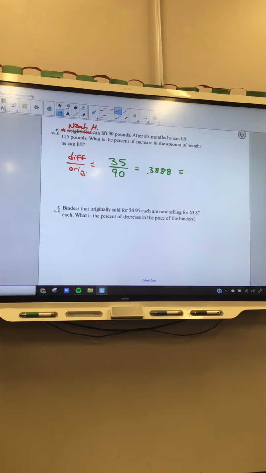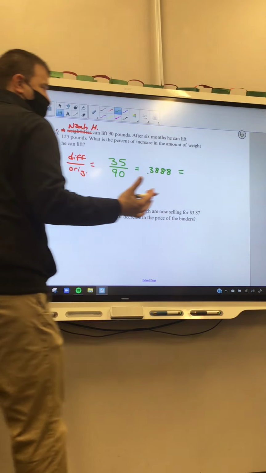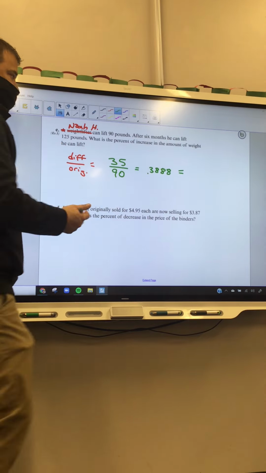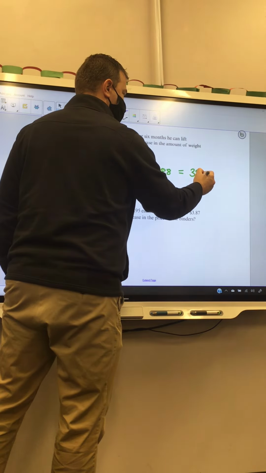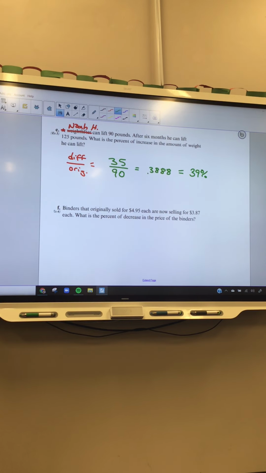I'd have to round that, right? What is that? 38.9. Yeah, it kind of depends on how specific you want to be. I was thinking rounding to the nearest percentage, which would just be 39%, but you're a little more specific with 38.9. That's fine too.